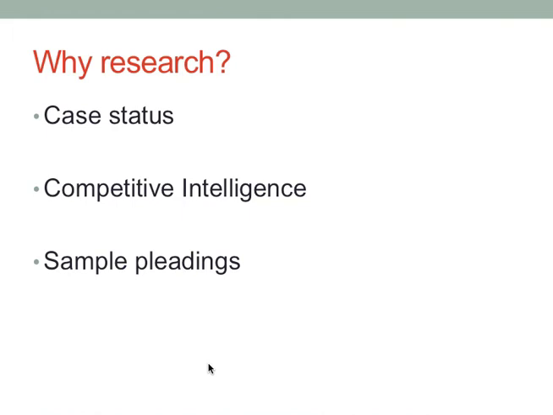Or say you had a client that you were working for who was suing another company. You might want to look to see if they've been involved in other suits. So that's another competitive intelligence reason. The final reason, and why we're talking about dockets with forms, is that for all of those materials that are filed with the courts, we might be able to use those as samples for our own drafting.